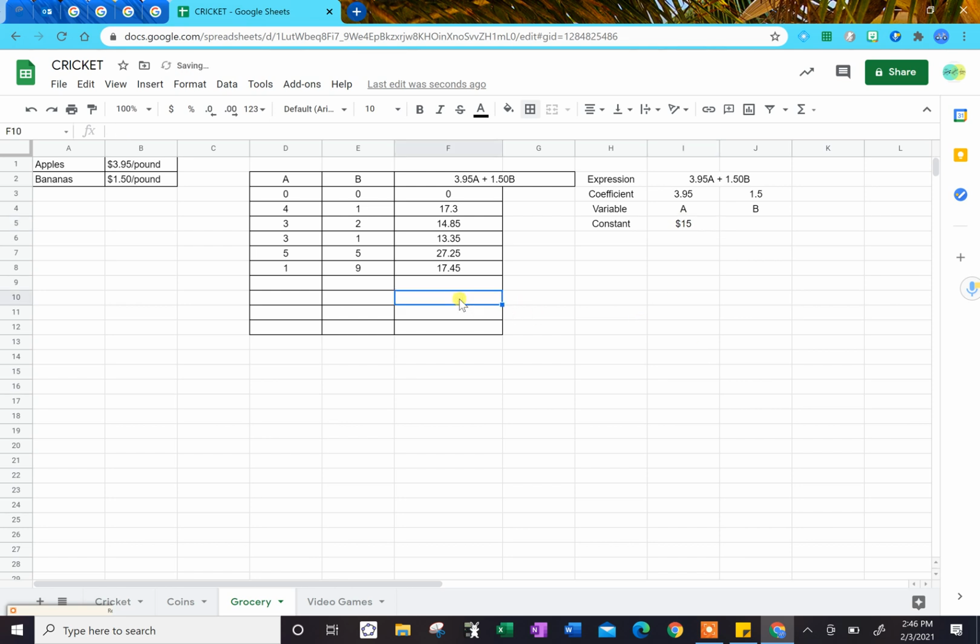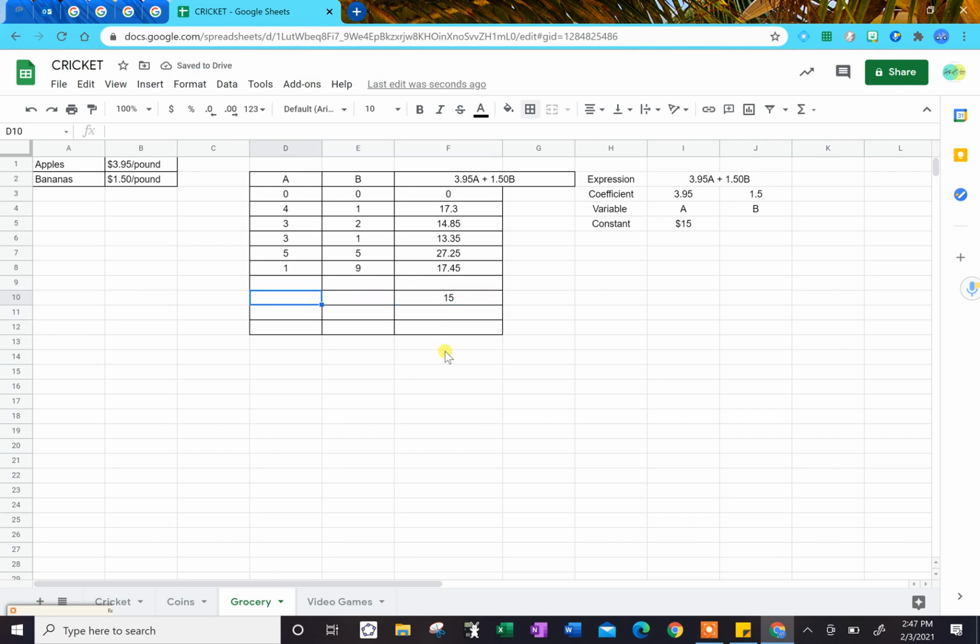If I want to know if I have enough money, I can say equals 15 minus, and then I'm going to put in my expression again, which was 3.95 times this cell plus $1.50 times, oh goodness me, I picked the wrong cell over here. That's all right. I picked D9. I should have picked D10.